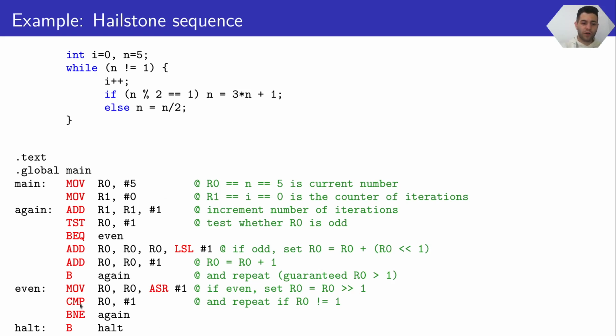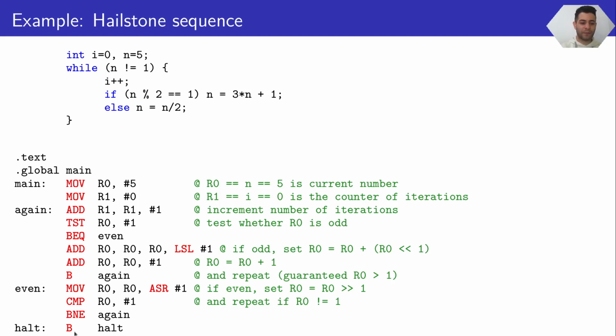Then we are comparing if we got 1 in R0. If it is not equal, we are checking the Z flag, and if the Z flag is not true, we are branching to the again label.